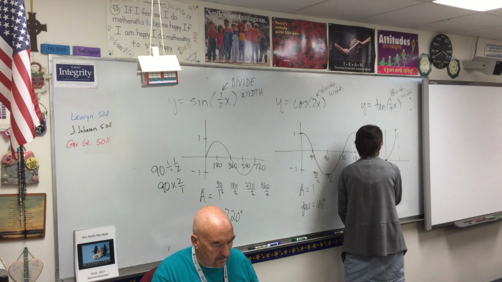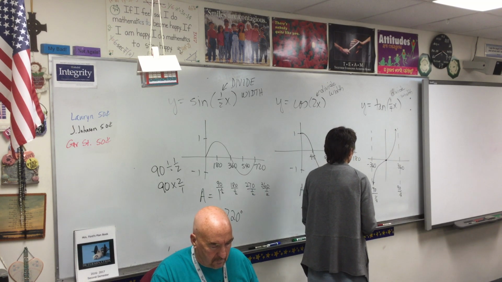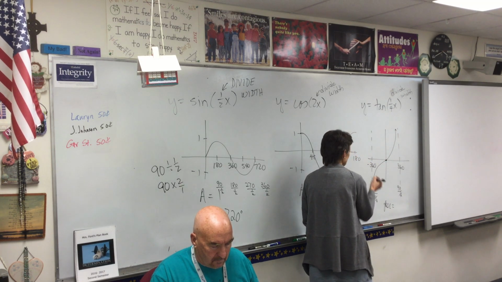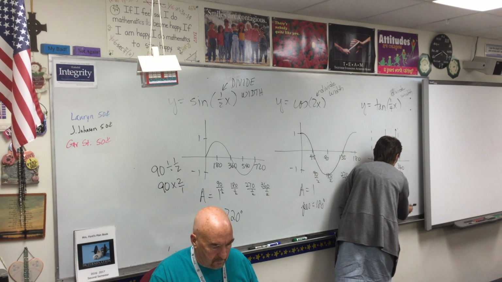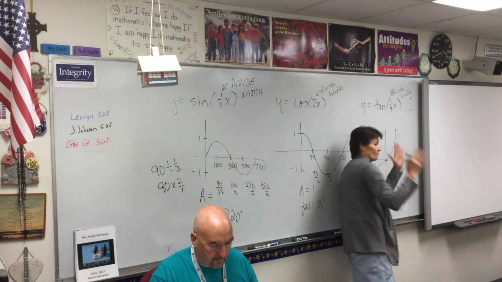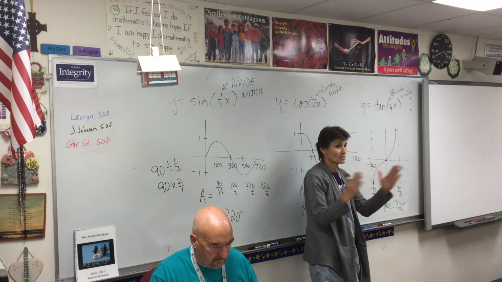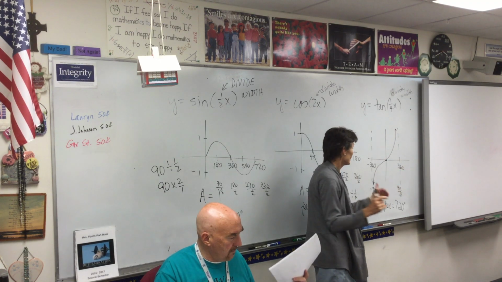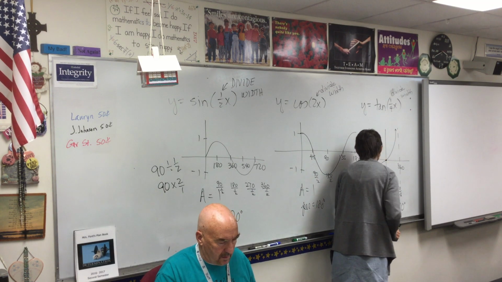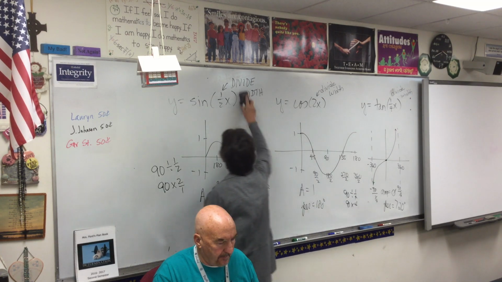So this is -360 and +360, which means my period, now watch this one, it's not 360, the period is 720, because the period is start to finish. So since it's 360 on each side, it's going to be a total of 720. What's the amplitude for my tangent? Undefined, none. Very, very good.